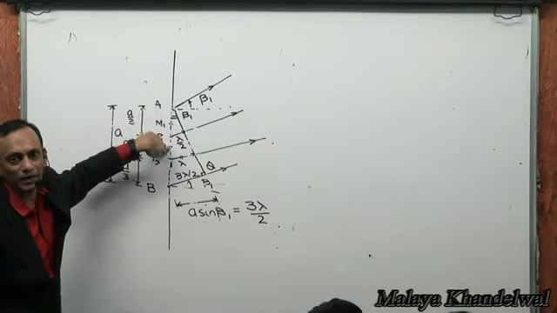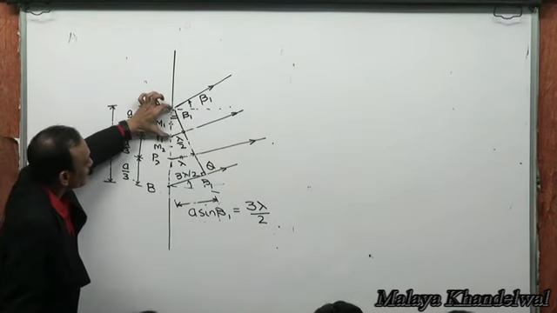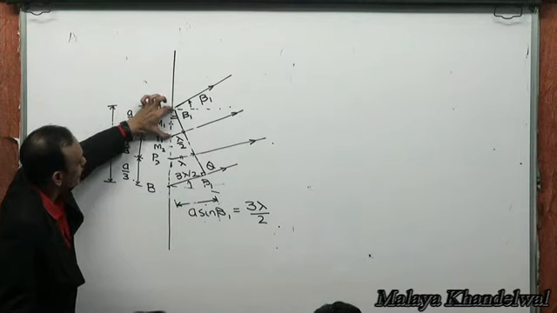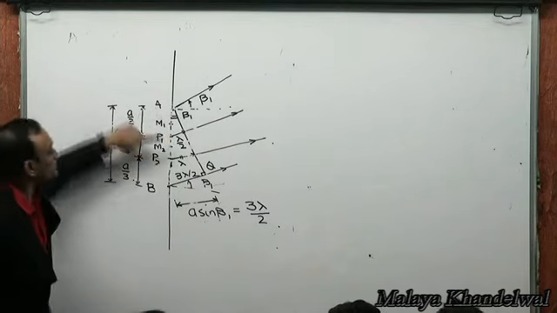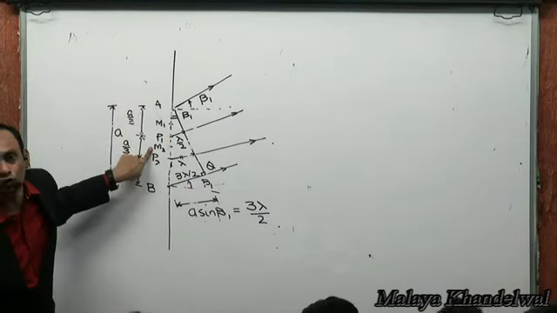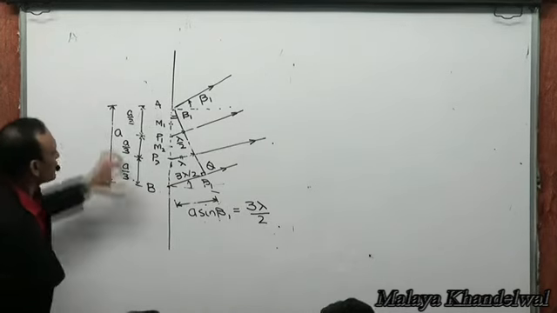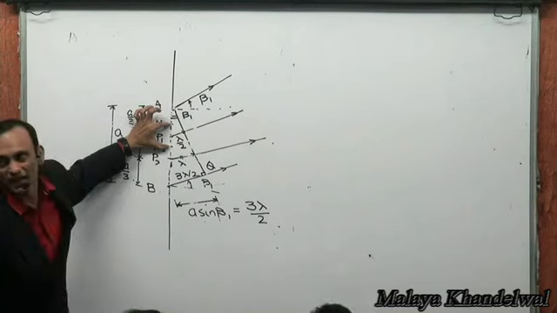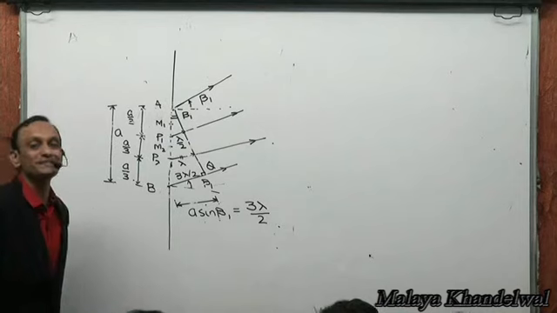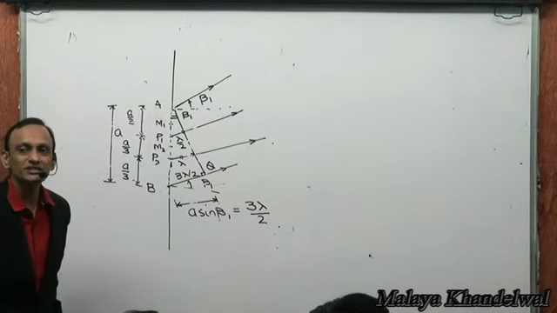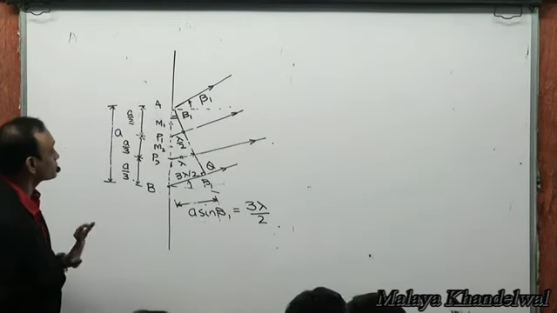That means the ray energy from A to P1 would get completely annulled by the energy from P1 to P2, because for every M1 there would be a unique M2 where there would be perfect cancellation. There would be destructive interference as long as the vertical separation is A by 3. Yes or no? Path difference will be lambda by 2 and there is going to be complete cancellation. Yes or no? So AP1 would get cancelled with P1P2.